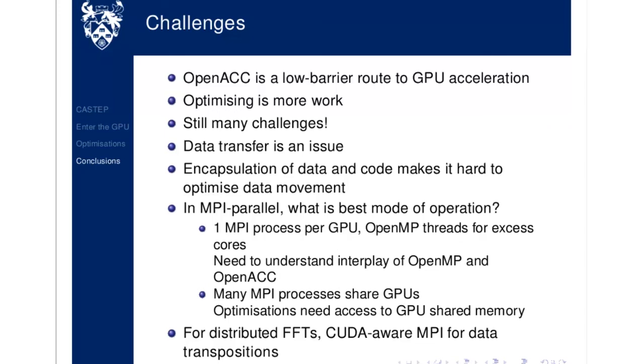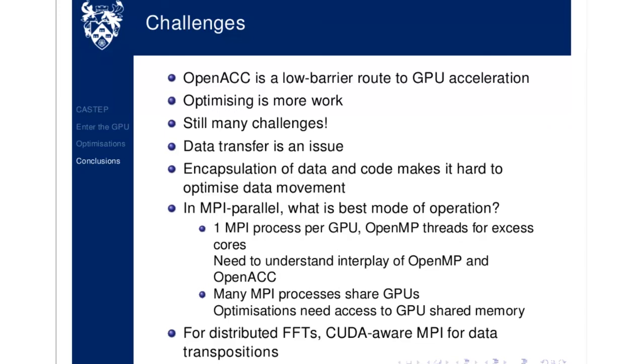Or do we do many MPI processes which share the GPUs, perhaps using something like the multiprocess server, at which point we have this problem where we need to be able to access the GPU shared memory to cut down on our data transfer. So again, which is the best model here, or is a hybrid model the best? From our point of view, the jury's still out, and we would welcome experience from OpenACC experts, but also other application developers.